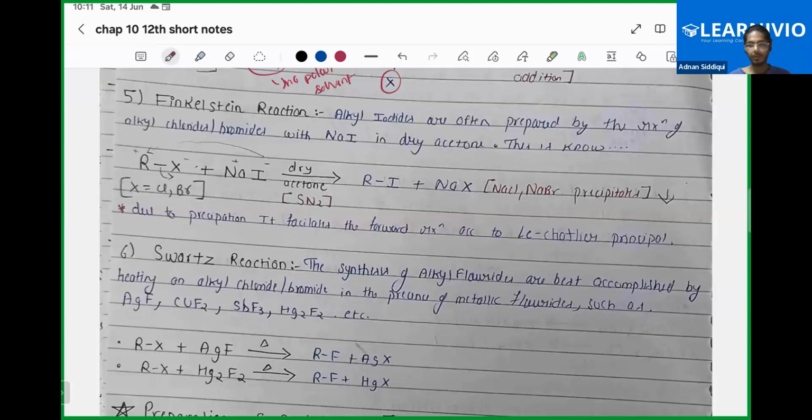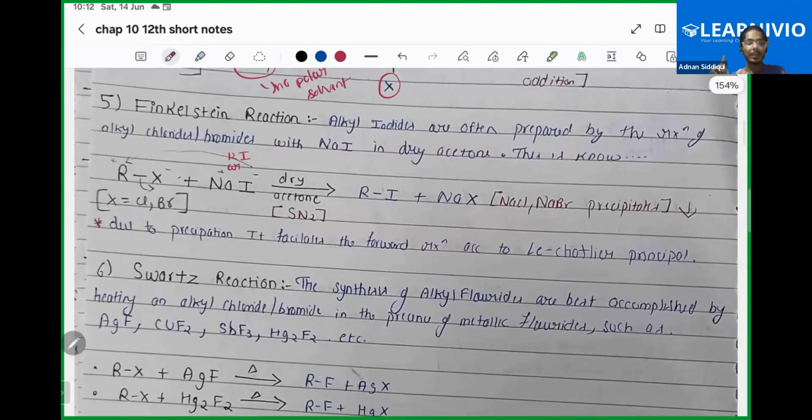Why? Try to understand. See, you have a beaker with sodium iodide, or they can give you KI as well, potassium iodide. Sodium iodide or potassium iodide are soluble in dry acetone.